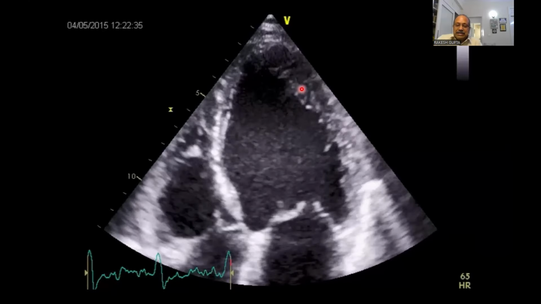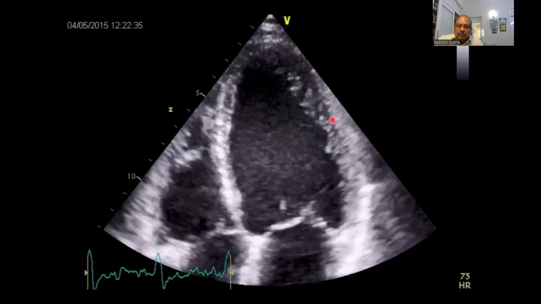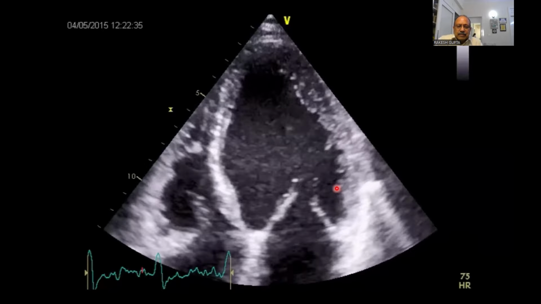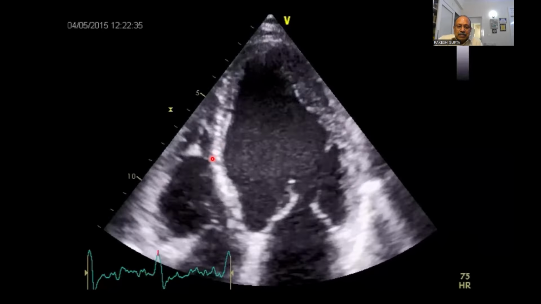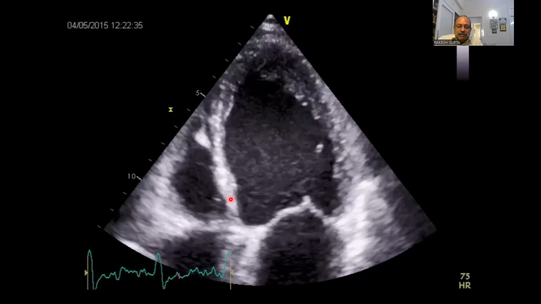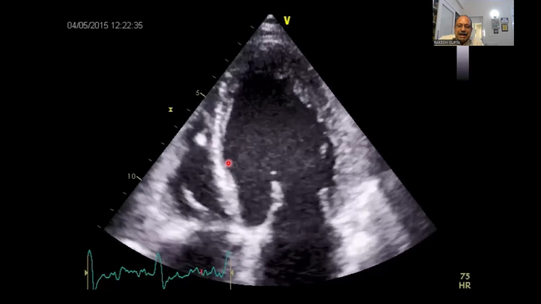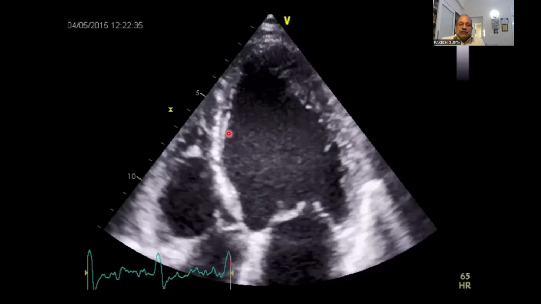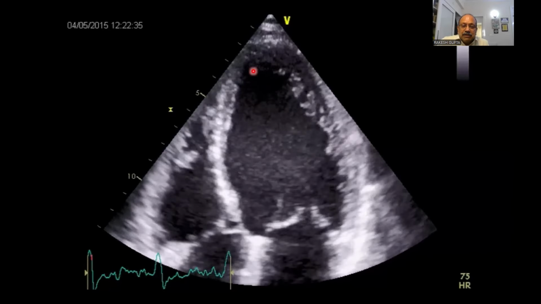The lower basal lateral wall has some kind of hypokinesis, not much. But the most important part is this segment, which is almost akinetic and hyperechoic. The echogenicity of this particular segment is much more than the echogenicity of this apical septum, apical lateral, mid and basal lateral walls. And that is what we mean by akinetic segments.